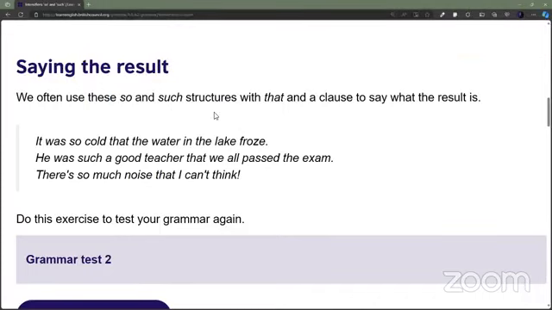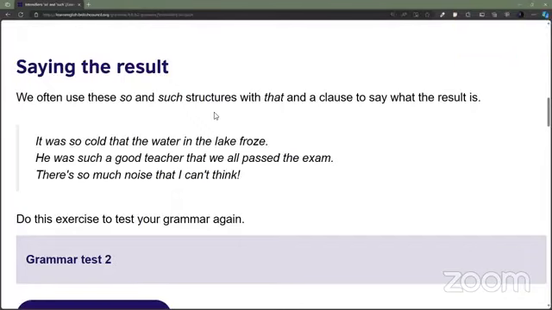We often use so and such structures with that and a clause to say what the result is.